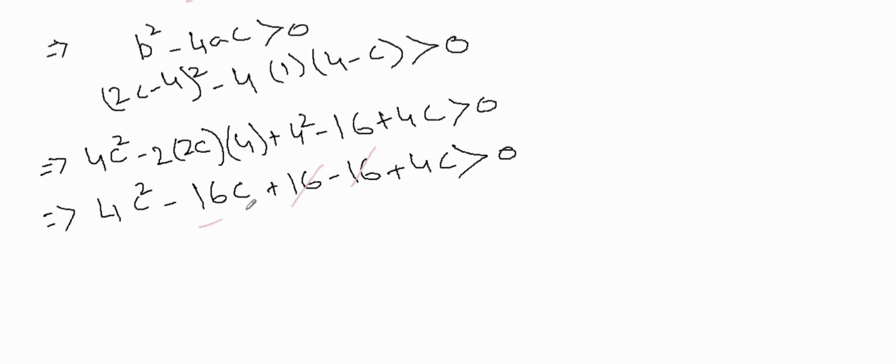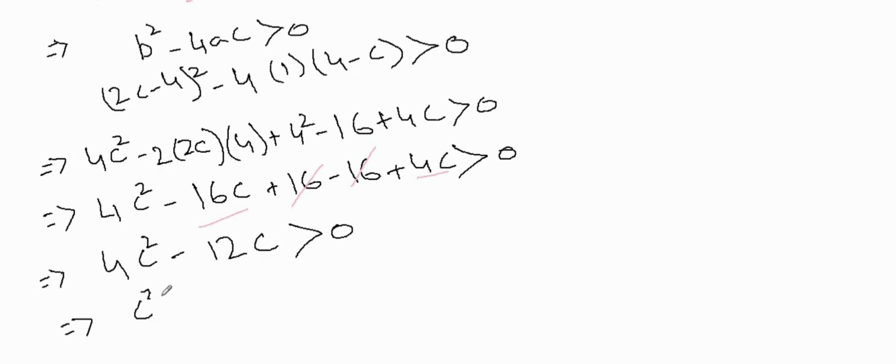Minus 16c plus 4c is minus 12c. So 4c squared minus 12c is greater than 0. Dividing both sides by 4, it becomes c squared minus 3c is greater than 0.